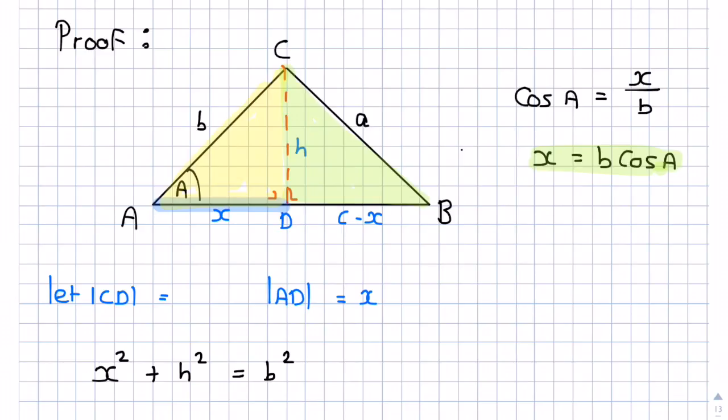Now notice that both triangles have a common side of H, so I'd like to isolate the H squared part, and we're going to have H squared is equal to B squared minus X squared.